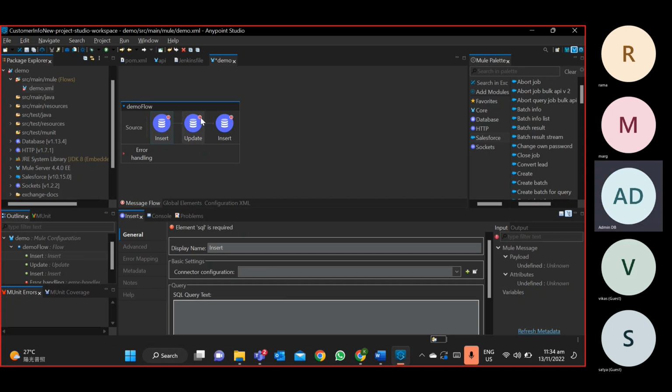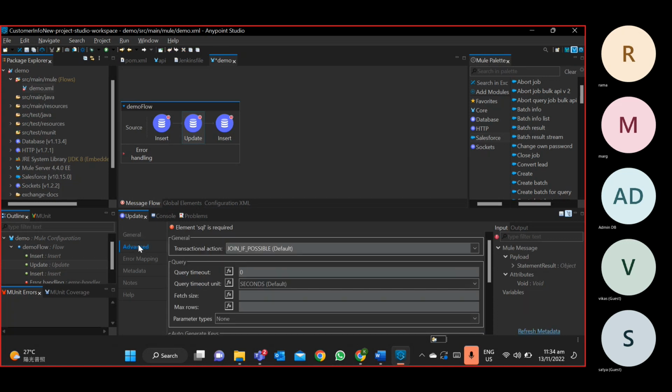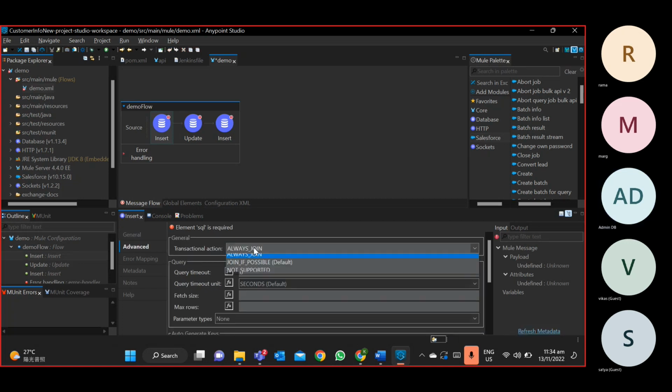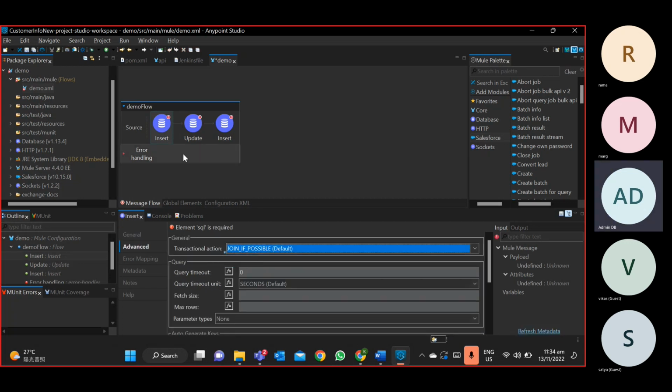So if you are selecting join if possible, then before this operation there will be another operation which participates in the transaction. And what if we put join if possible on the first one also? Can anyone tell me whether these three will participate in the transaction or not?